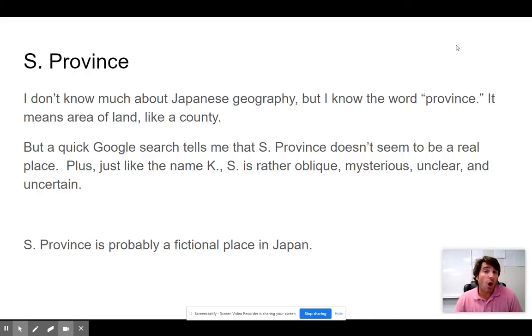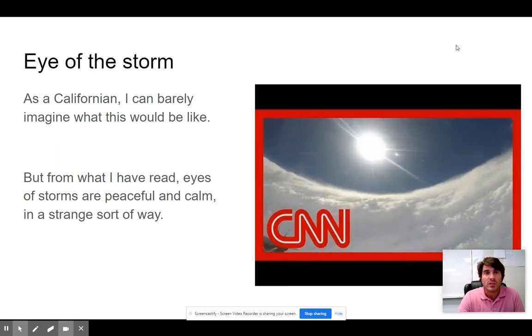So maybe the author was like, well, we'll just make it a fake place, so people don't get too confused thinking that it's a real place. So just be aware, S province, not a real place, I don't think. But that's also where these characters lived. So the seventh man, K, their families, they live in S province where this typhoon came ashore.